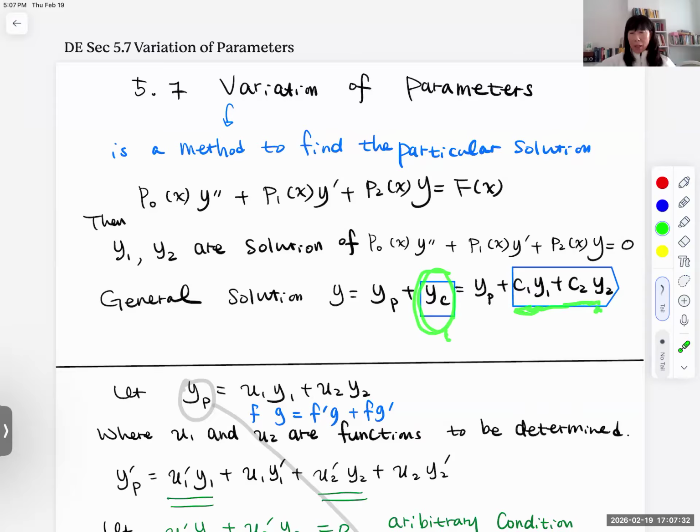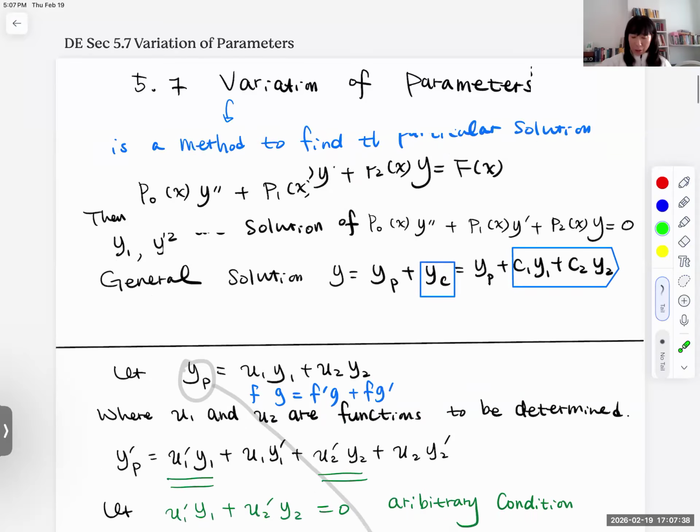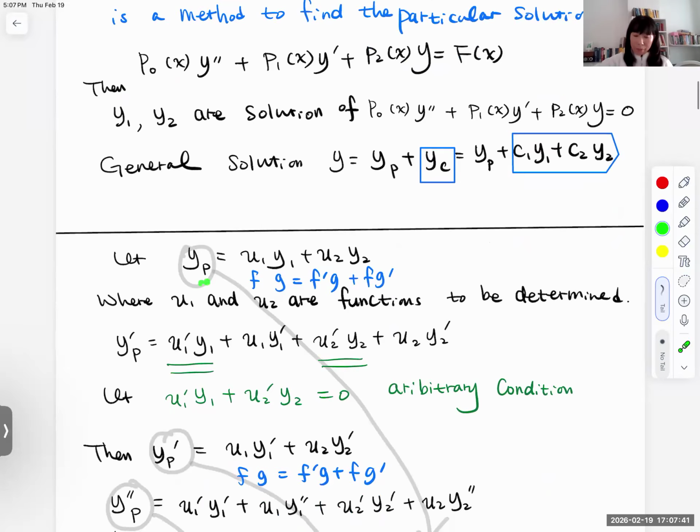All right, now we want to derive the formula. Let's take a look. We have the particular solution, so we want to make it u sub 1, y sub 1 plus u sub 2, y sub 2. So u sub 1, u sub 2 are not constants, they are functions.